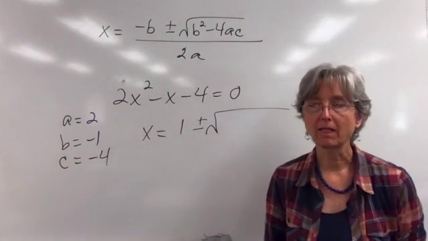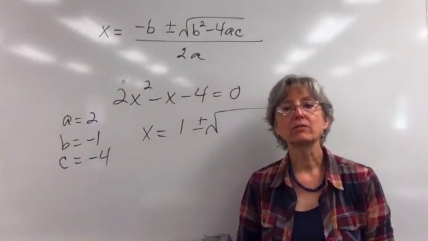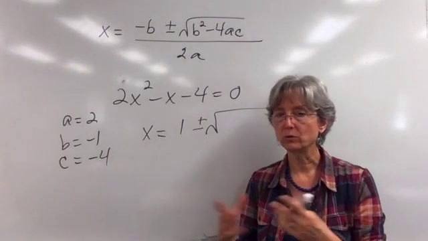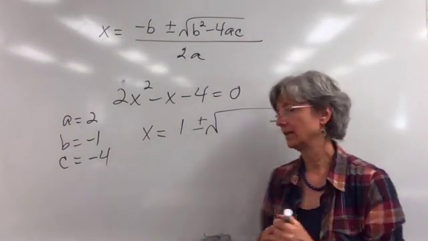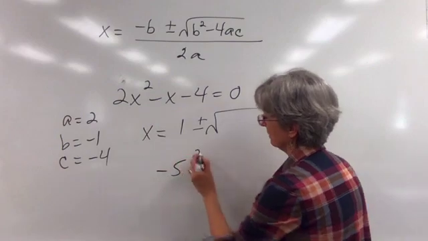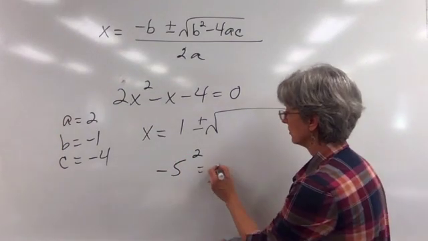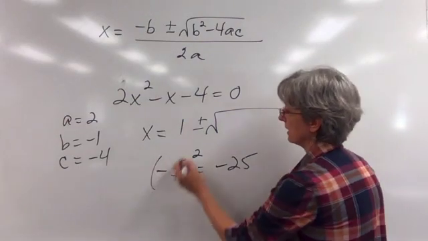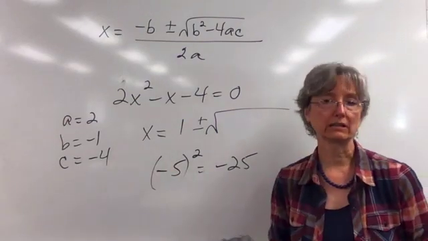Now be careful. Because b is negative, there are some students who've got negative 1 or negative 5 or whatever it is squared like this, and their calculator said the answer was negative 25, and they wrote negative 25 here because they didn't realize that the calculator didn't include the negative.